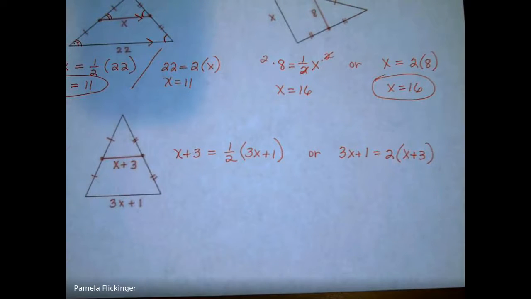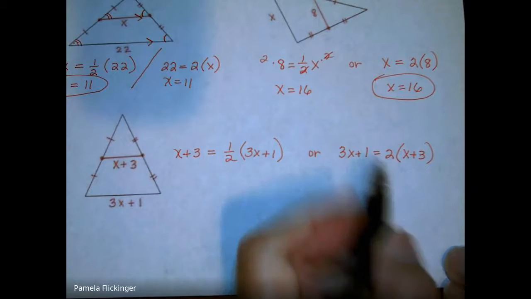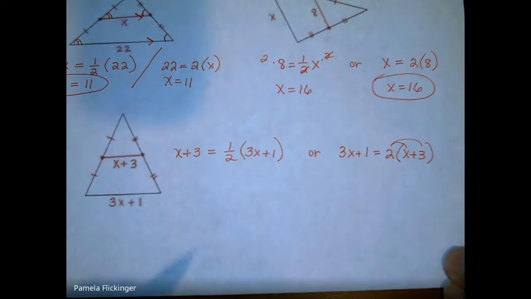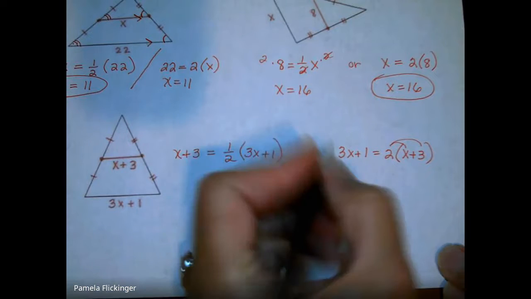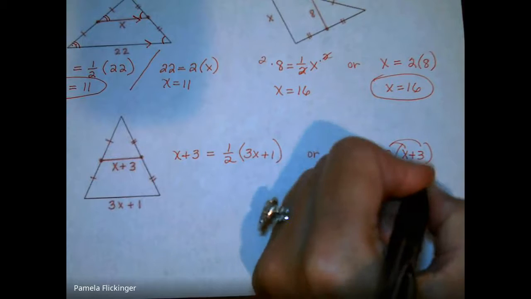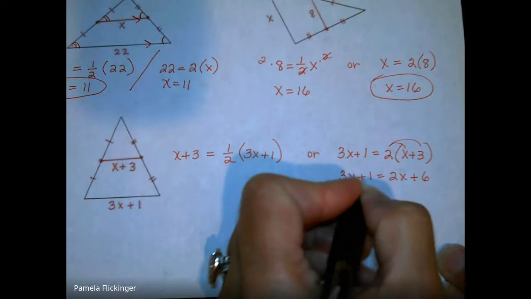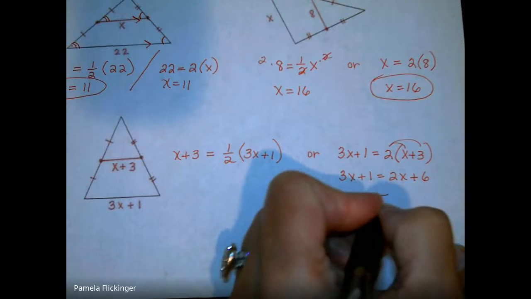Now, when you look at those two, and of course, you're not going to need to write both equations each time, it's obviously easier with these algebraic expressions to distribute 2 instead of the 1/2. So 3x plus 1 will equal 2x plus 6. I can subtract the 2x, I'll get 1x. If I subtract the 1, I get 5.